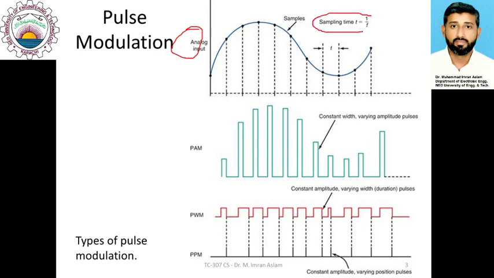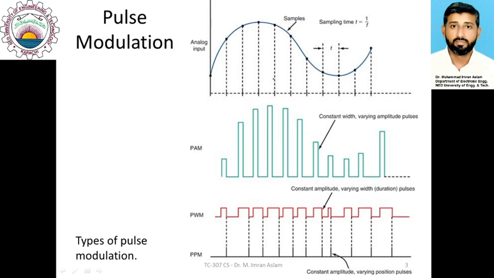So let's say we sample it with a sampling time represented by T. So we get those samples here. These are the sample values that are represented here. These sampled values may be quantized and then they can be represented by a number of pulses.